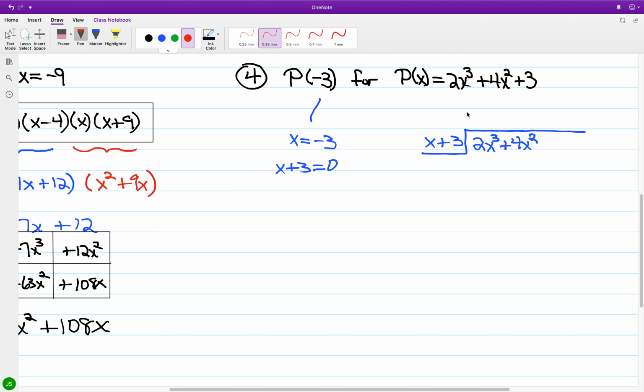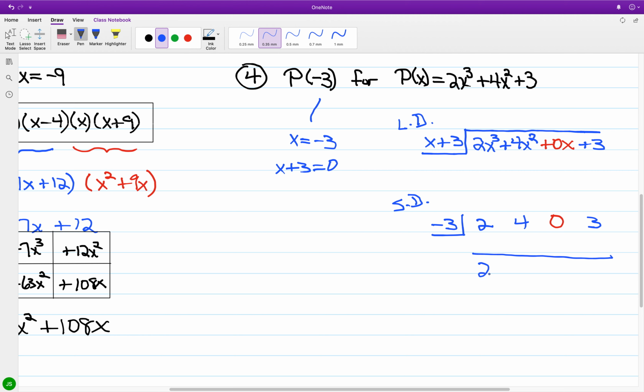If you notice, we have a missing first order x term, and we close out with the constant 3. Again, in line with synthetic division, we have negative 3 and then the coefficients 2, 4, 0, and 3.